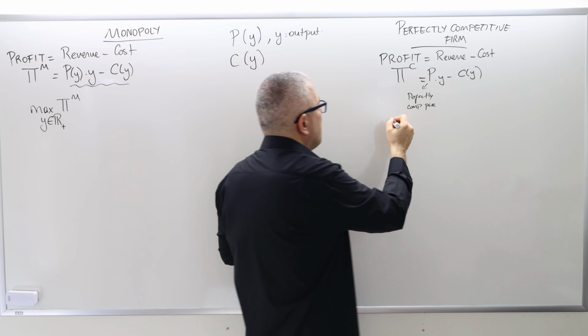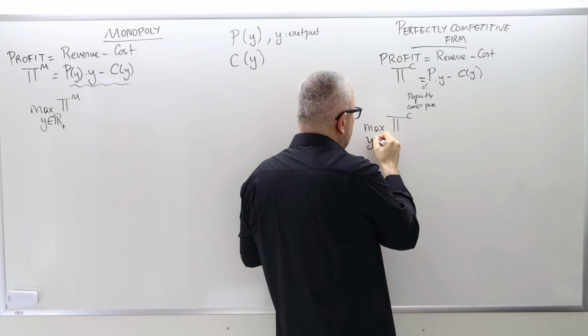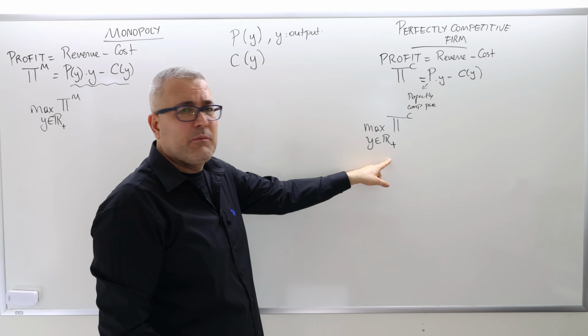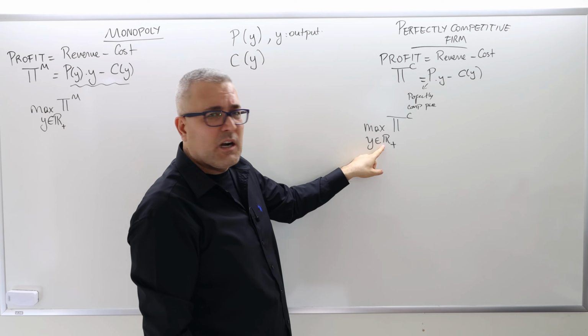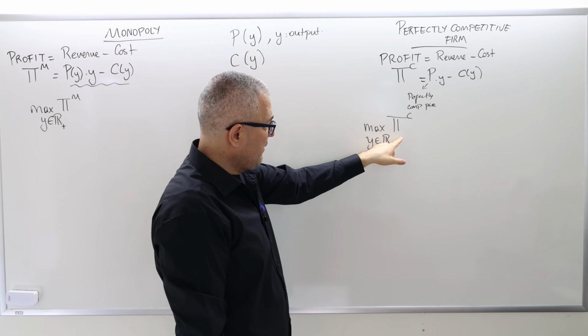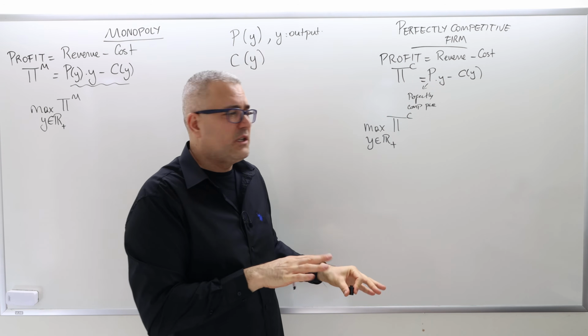Same here. As a competitive firm, you try to maximize your profit by choosing output, which is again a non-negative real number. So this is R plus, meaning non-negative reals. There's no subject to, so there's no constraint.